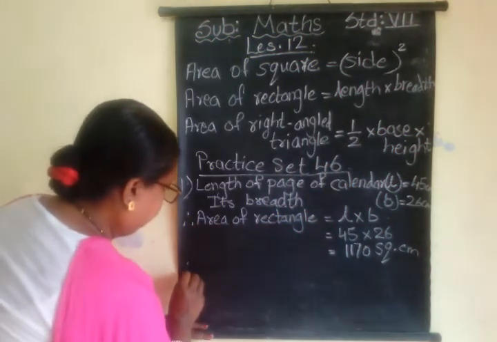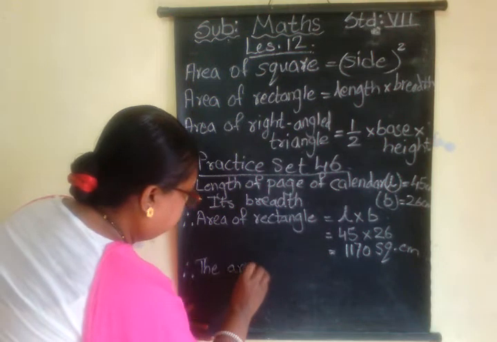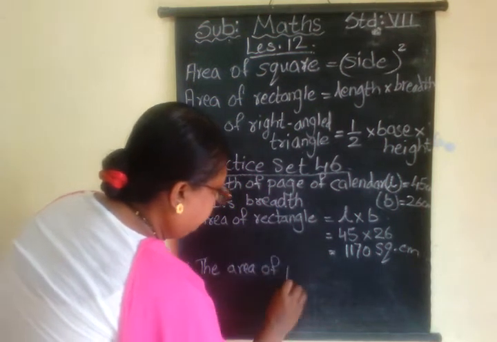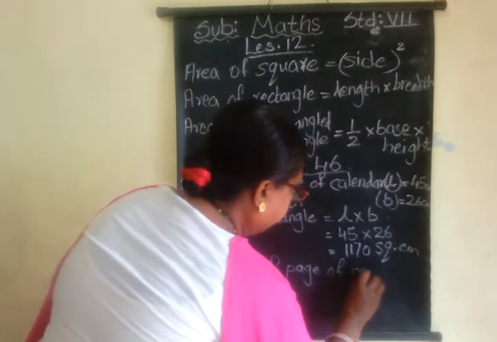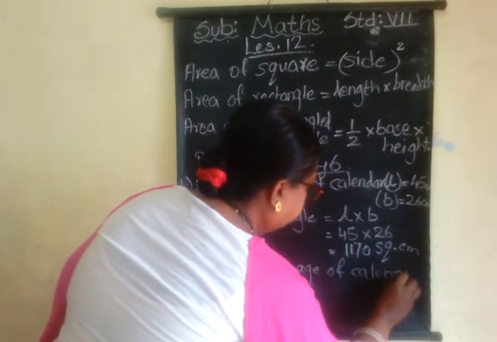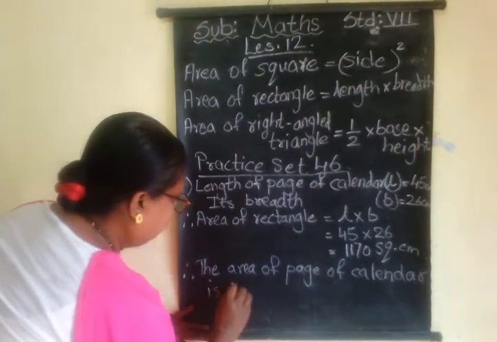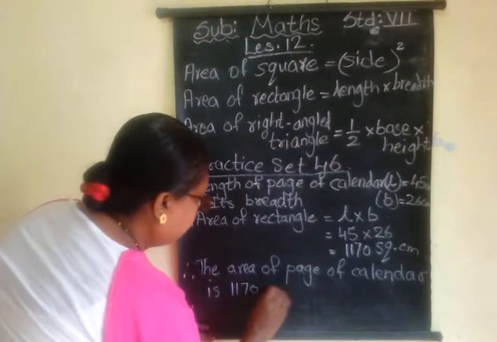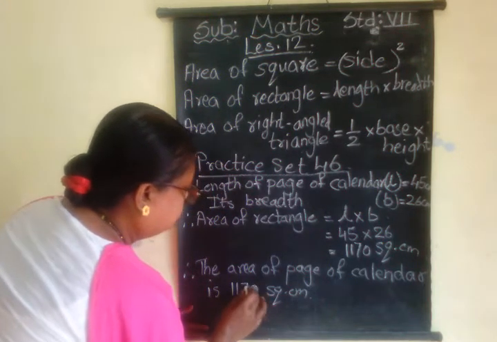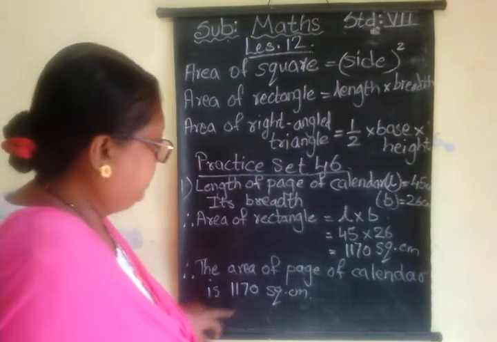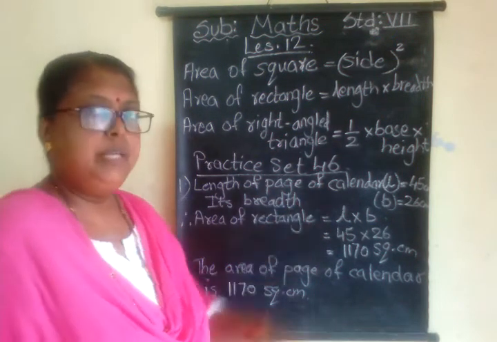So therefore the area of page of calendar is 1170 square centimeter. 1170 square centimeter is the area of the page of calendar.